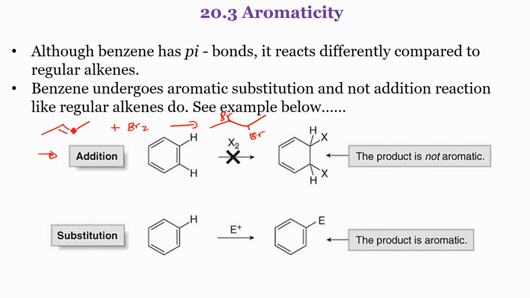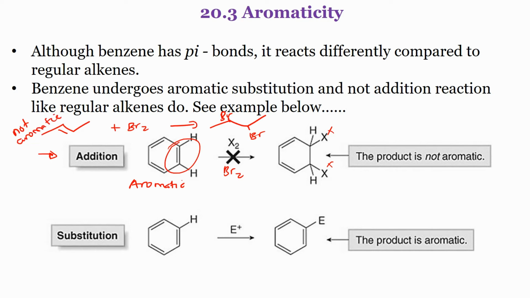They add across the double bond. Benzene has 3 double bonds. One would expect, okay, if I add the same Br2, which is X2, then I should add the 2 X's here, but it doesn't happen. Why? The reason is benzene is aromatic, while regular alkenes are not aromatic.